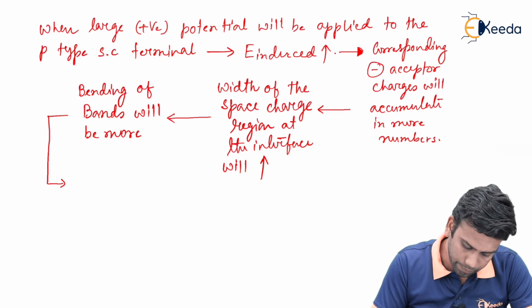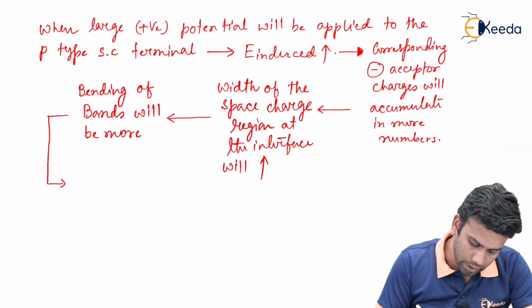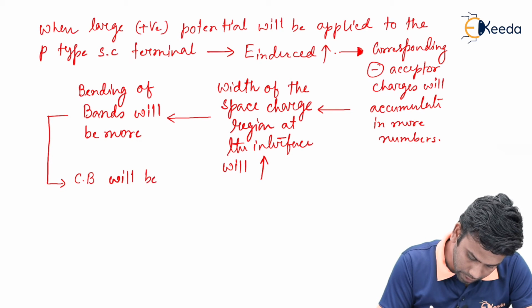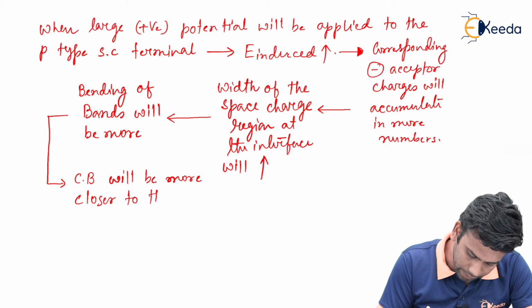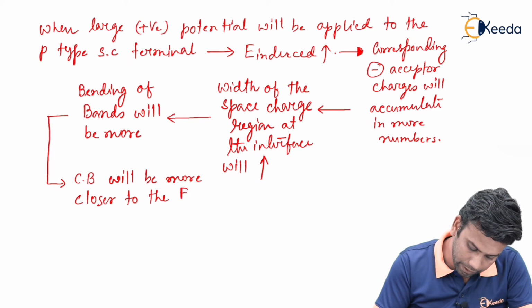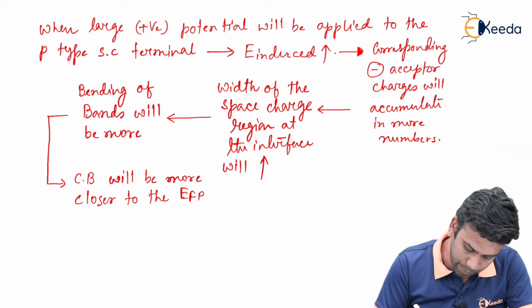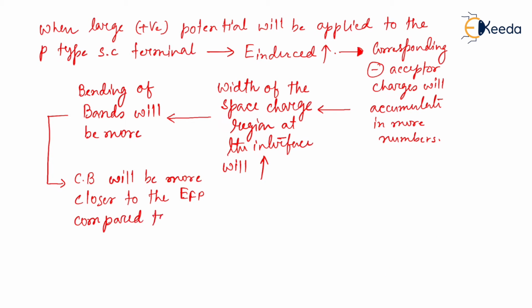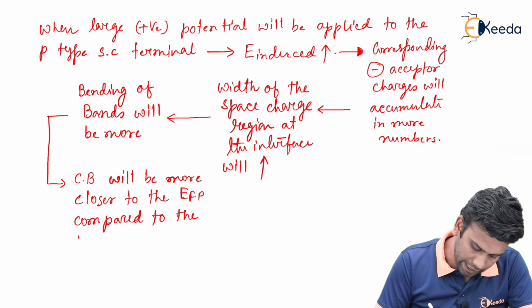You can look, and the conduction band, that is CB, will be more closer to the Fermi level of the p type, that is EFP, compared to the valence band.